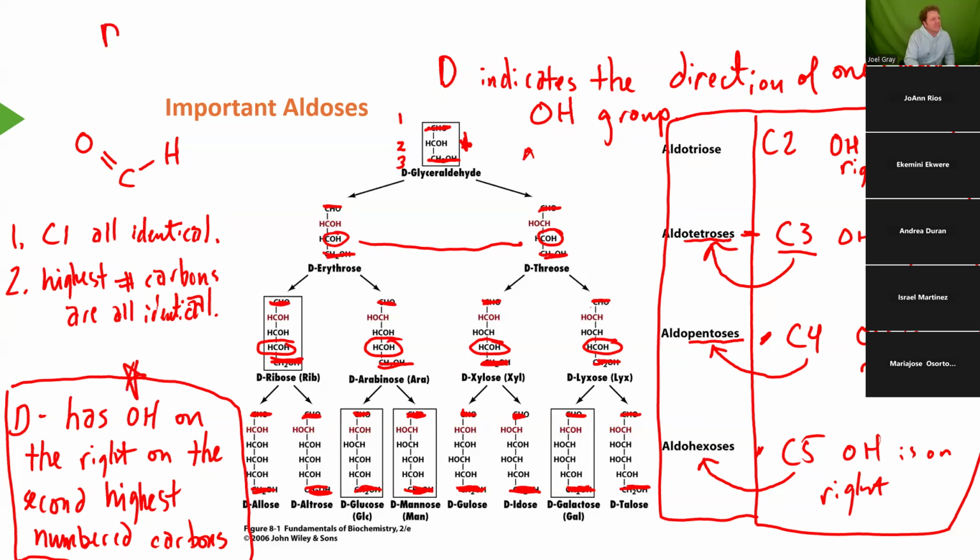So now, applying this rule right here, if you have a D-aldo octose, my first question for you is, how many carbons does an octose have? 8. Okay. Is this an aldehyde or an aldose?